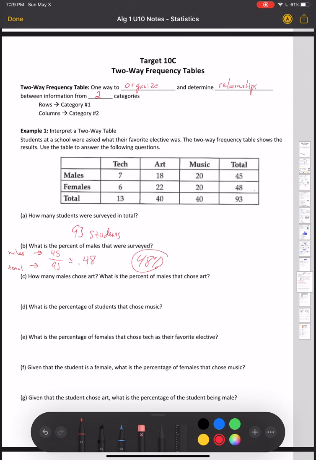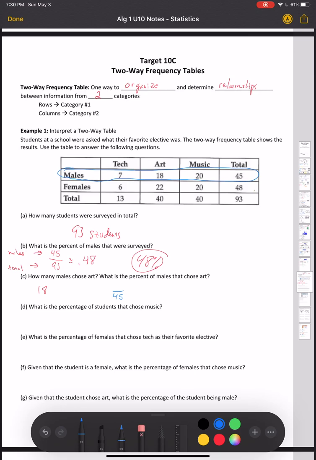How many males chose art? So this isn't asking for a percentage. This is saying how many males chose art. That's 18. What is the percent of males that chose art? So for this one, we are looking only at the males. What is the percent of males? So the total for males is 45.